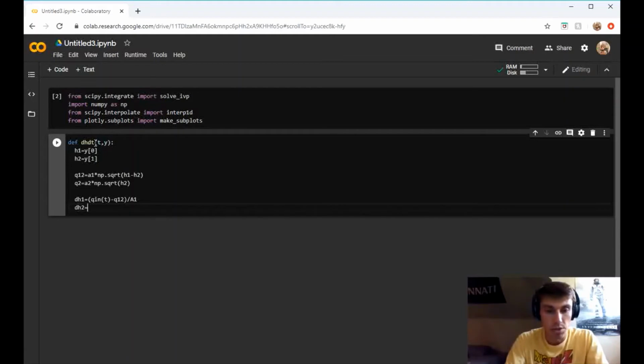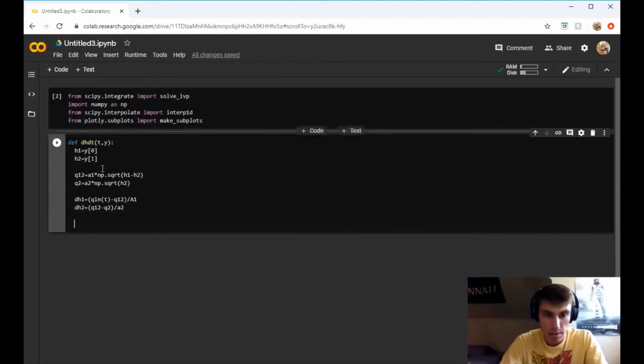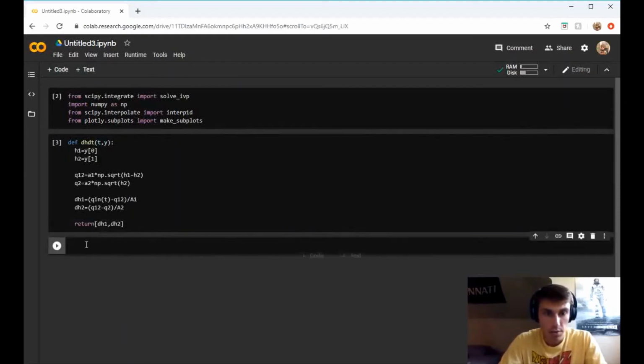Now dH2 is equal to Q12 minus Q2, and that's all over the cross-sectional area of tank 2. And return those differential equations, 1 and 2. All right, everything looks good, so we can move on.